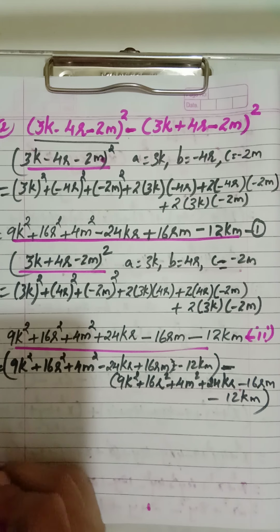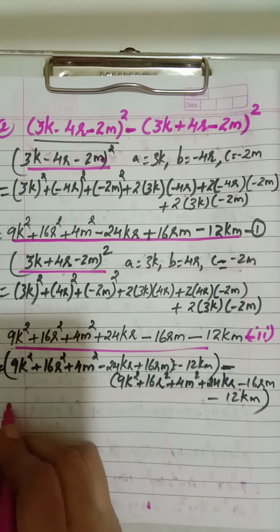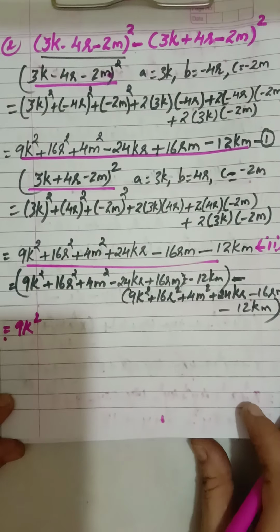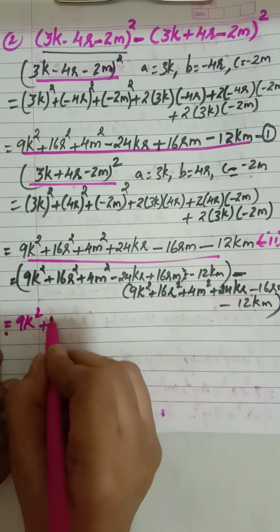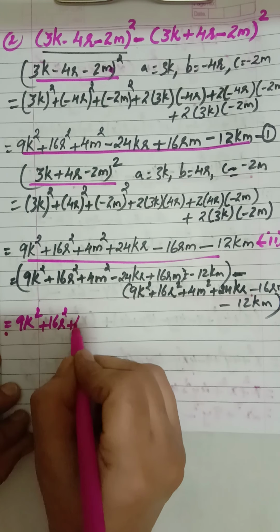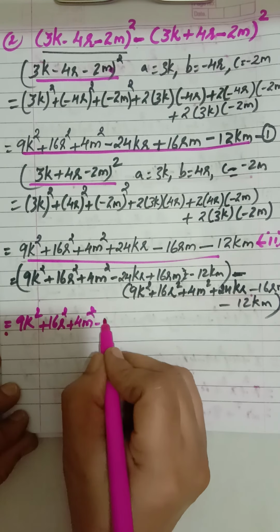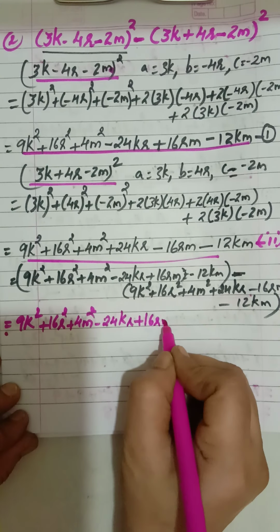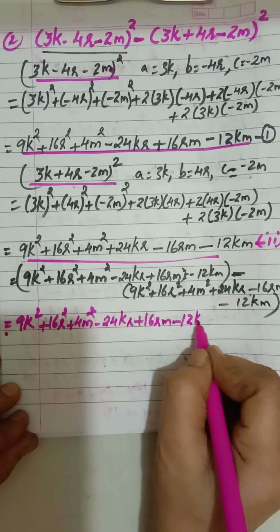So now let us remove the terms from the bracket. This is equal to 9k square plus 16r square plus 4m square minus 24kr plus 16rm minus 12km.